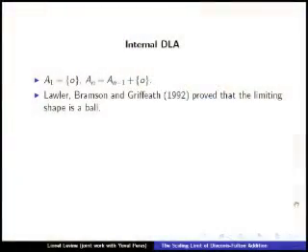Imagine taking just the singleton set consisting of the origin and repeatedly adding that to itself. If you do this n times, you'll get some region in Z^d consisting of n points. It's a random region. This model was studied in the early 90s by Lawler, Bramson, and Griffeath, who showed that the limiting shape you get is a ball.